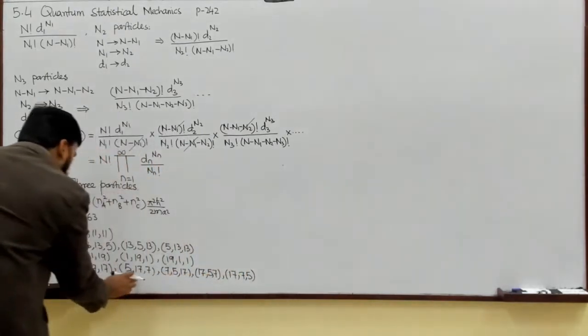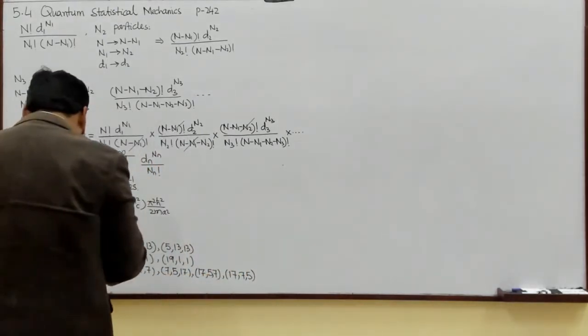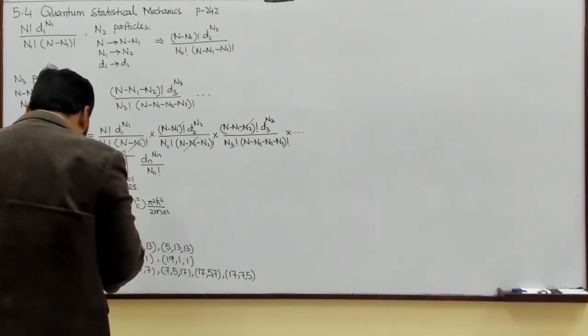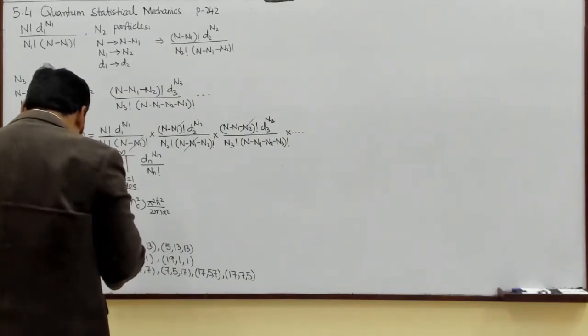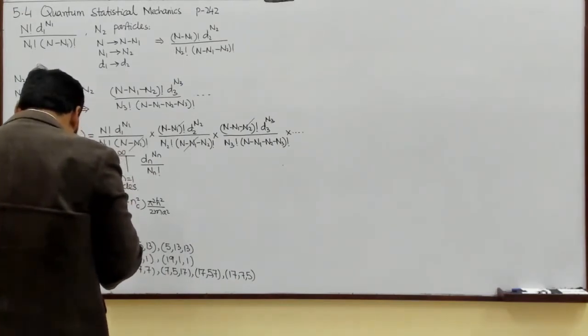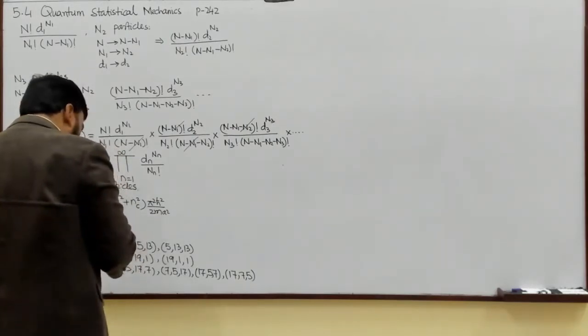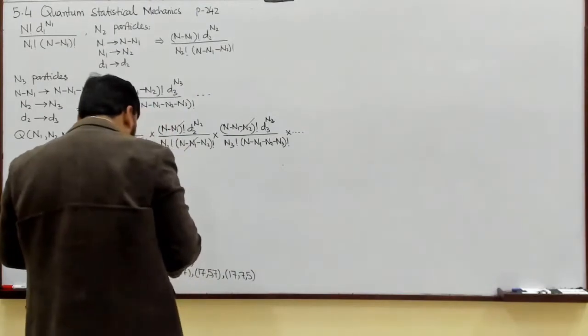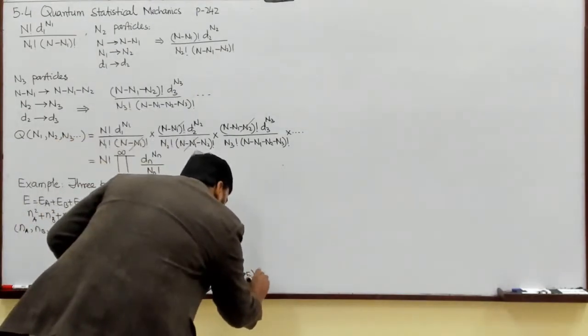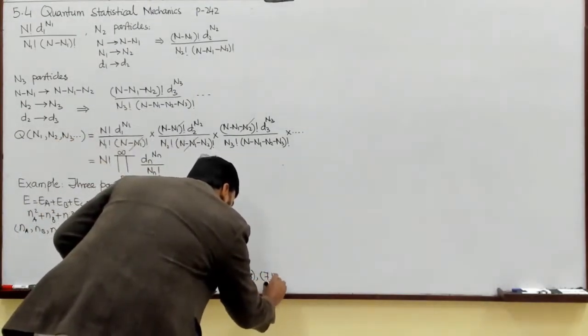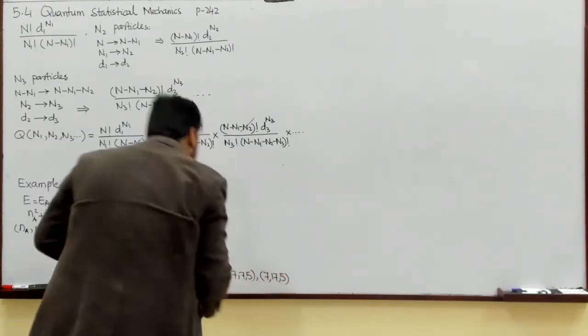It was with 6 number of ways: 5, 17, 7, 7, 5, 17, 7, 17, 5, 17, 5, 7, and so on.